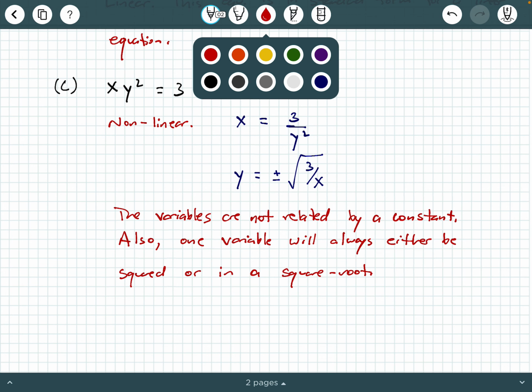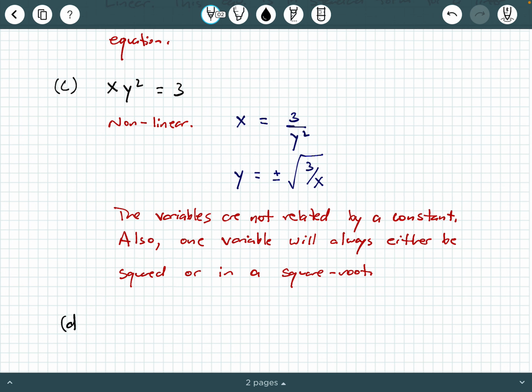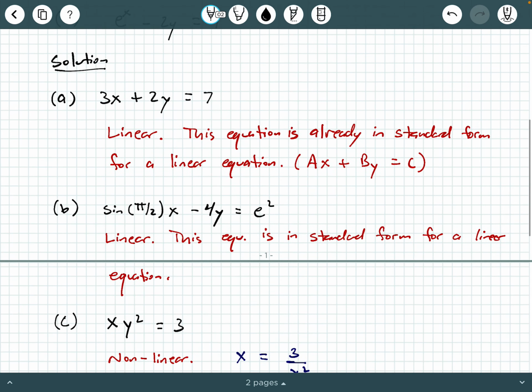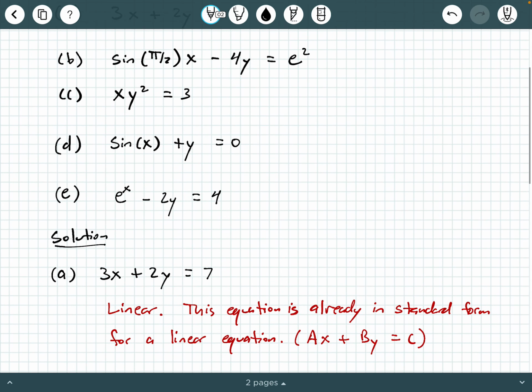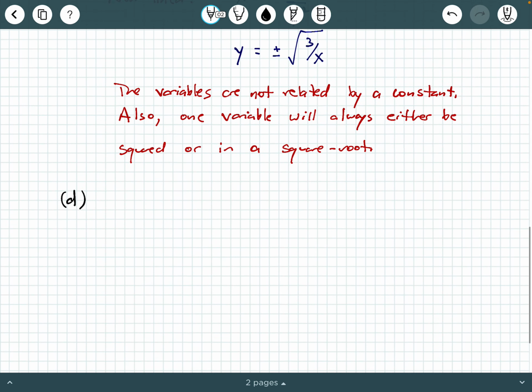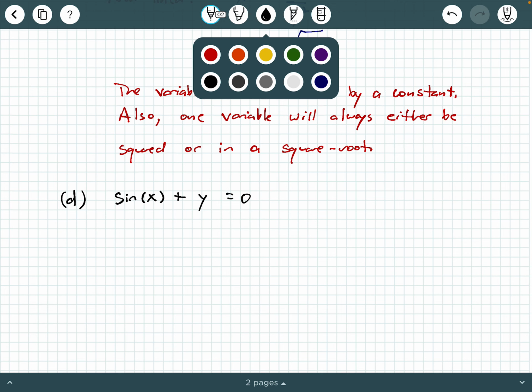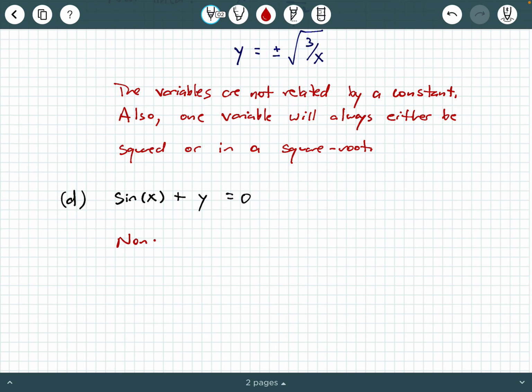What about equation D? What was equation D from our given statement? Sine of x plus y equals 0. This equation is nonlinear, okay? Why is this equation nonlinear? Well, you have a sine operator, but unlike our equation in part B, this sine operator is operating on a variable, okay?